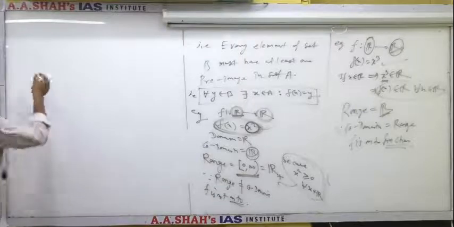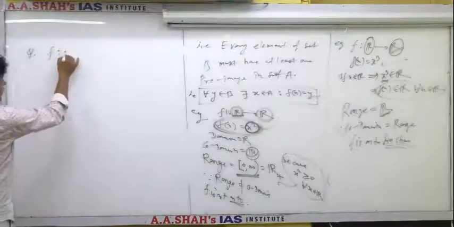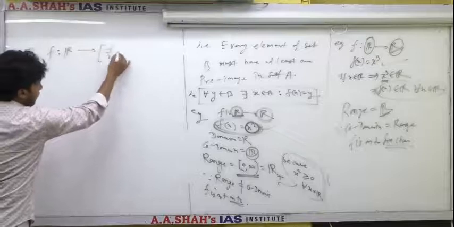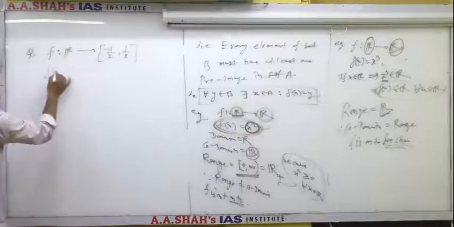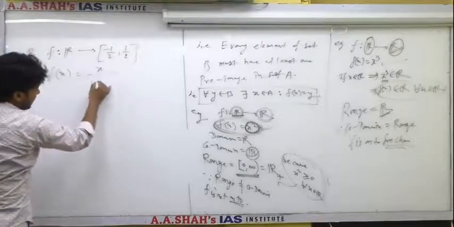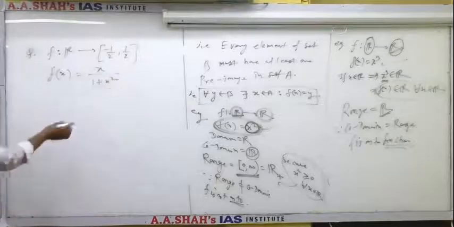Actually this question was asked in IIT. The question is: f from R minus {1/2} to [-1/2, 1/2], and f(x) is x upon 1 plus x square.